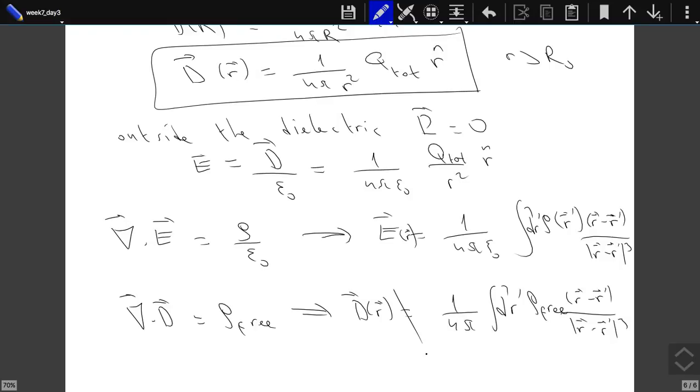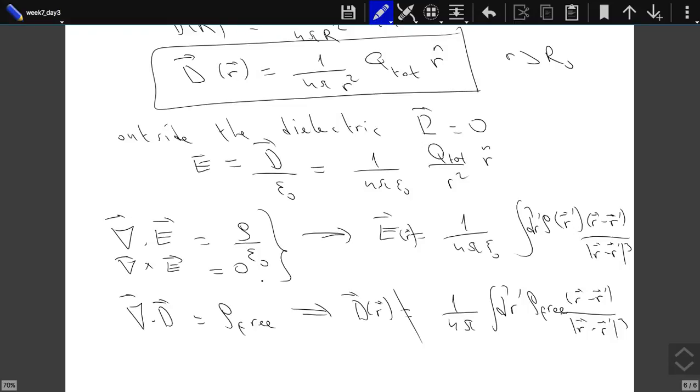Because the thing is, this is not the solution of this equation only. That is the solution of the divergence of E equal to rho over epsilon 0 and curl of E equal to 0. So these two equations, with the boundary condition that E goes to 0 at infinity, give you this solution.